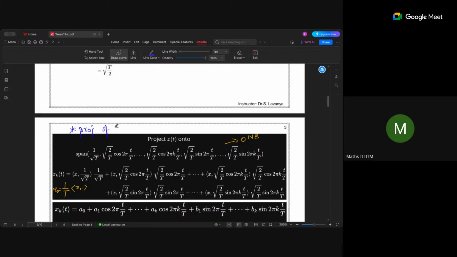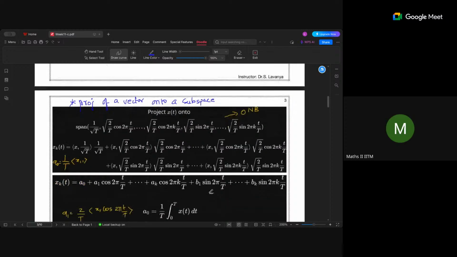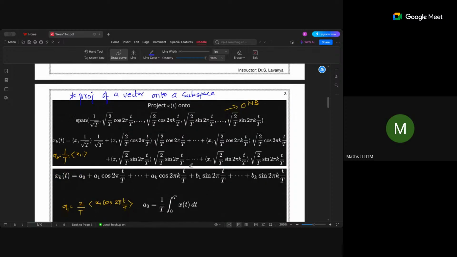Projection of a vector onto a subspace. Go back and look at this topic, write down the formula and then compare it with what is done here. You can see that exactly that formula is applied here. Once you can see that it is the projection formula, then whatever is written is just simplification.